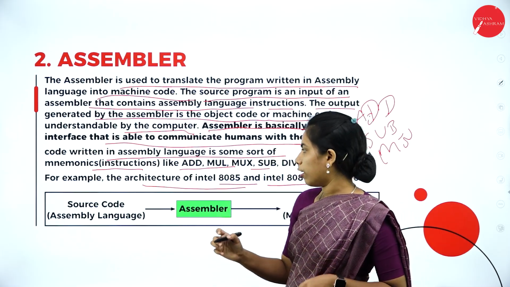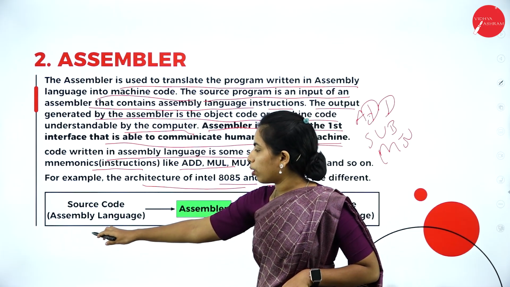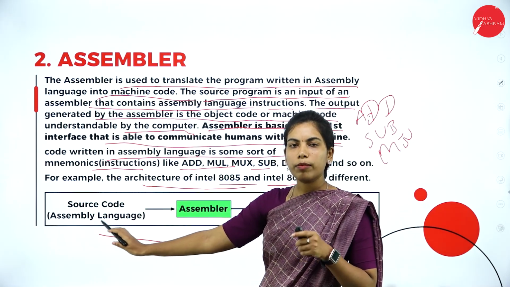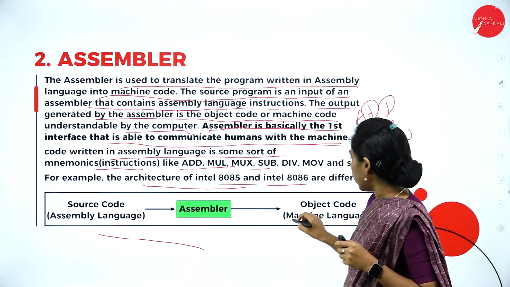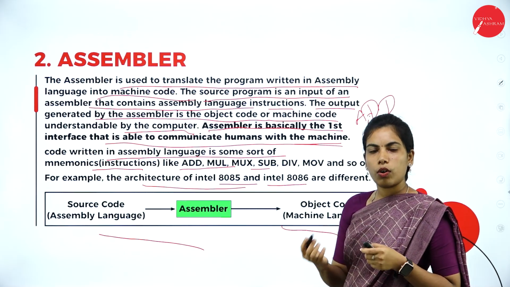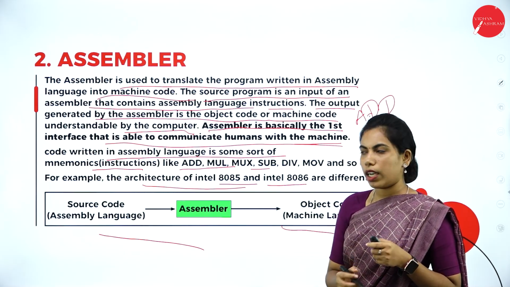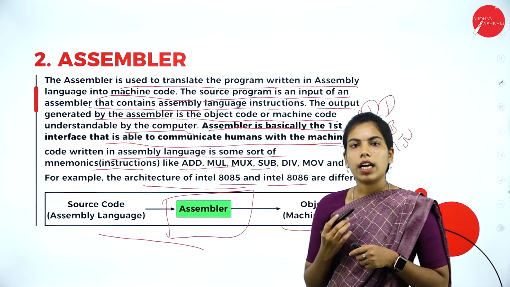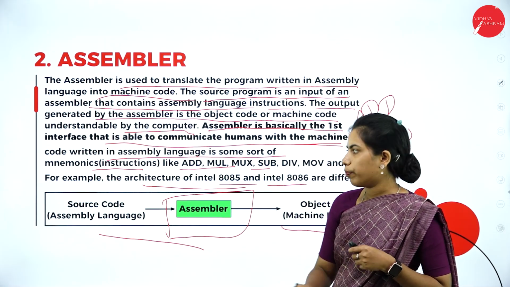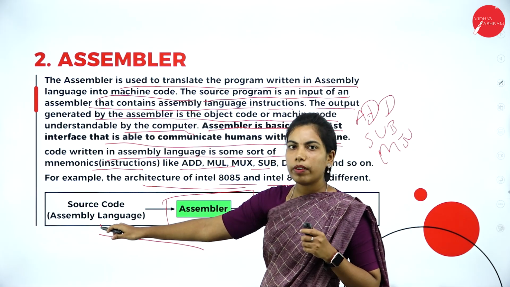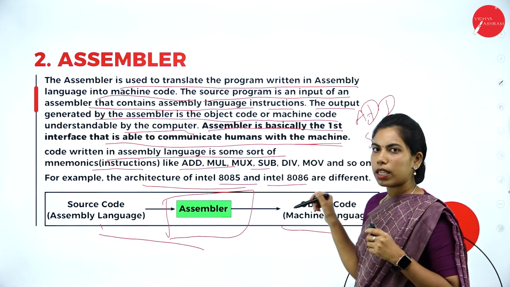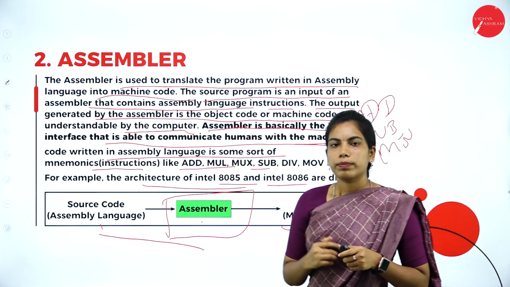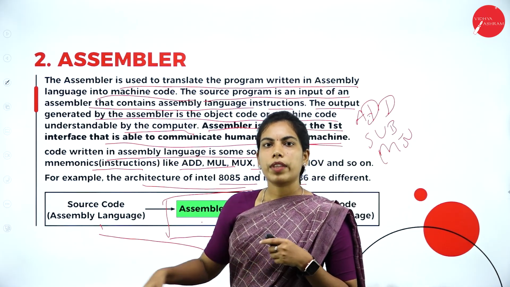Here you can see one pictorial representation: source code in assembly level language, which is the main code, will be converted into object code, that is machine level language, through the assembler, with the help of the assembler translator. So the source code in assembly level language is converted into machine level language with the help of the assembler. Got it? So this is what the assembler does.